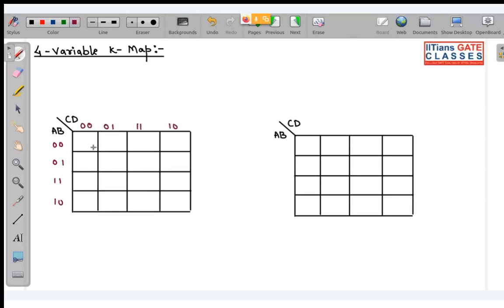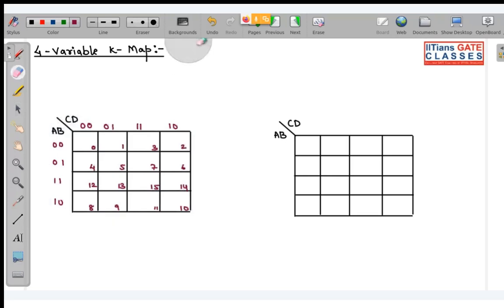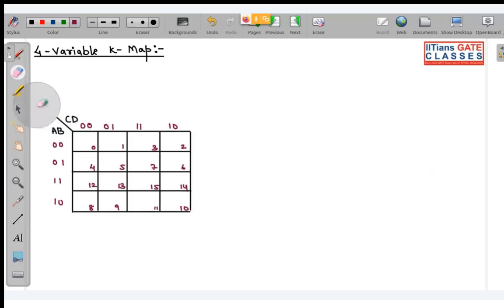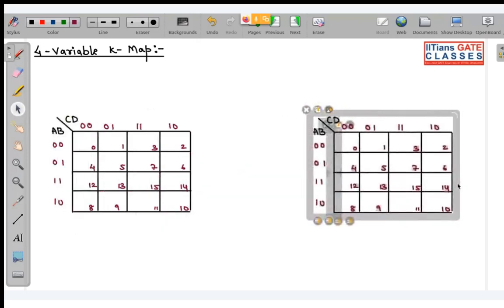If I fill this, this will be 0, 1, 2, 3, 4, 5, 6, 7. Here it will be 8, 9, 10, 11, 12, 13, 15, 14. Okay. So this will be all your cell numbers. Same over here also.